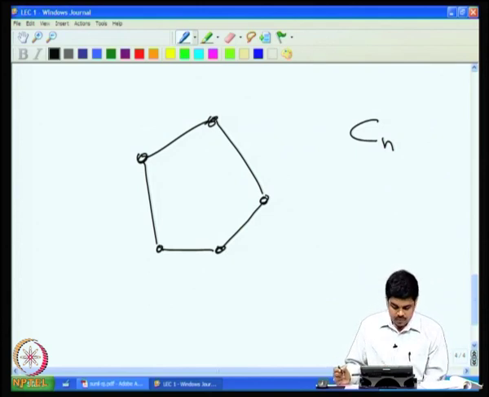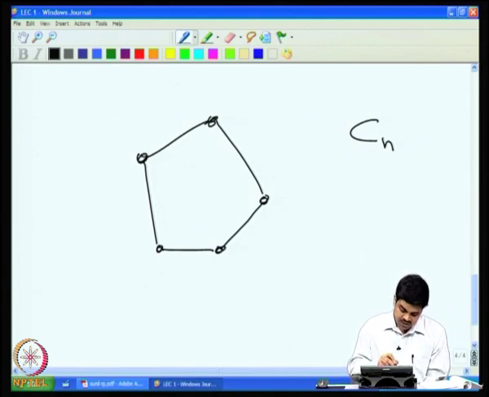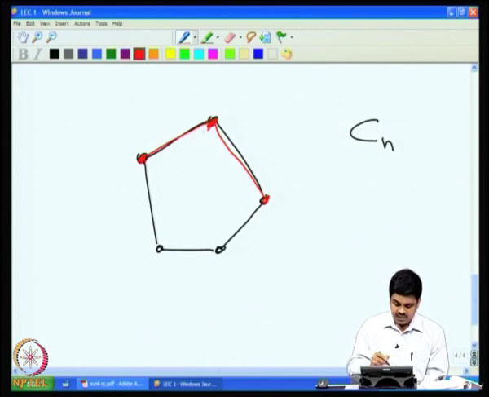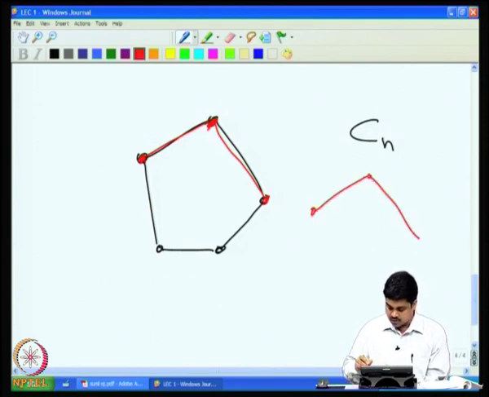And suppose we collect these vertices using red, and then take some of the edges here. So, this one, this one. So, here this red colored vertex set is a subset of the vertex set of the original graph Cn, and the edge set is also a subset of the edge set of the original graph Cn. So, this looks like this. This is a subgraph of the original graph.